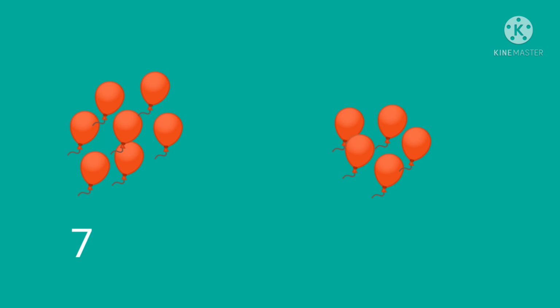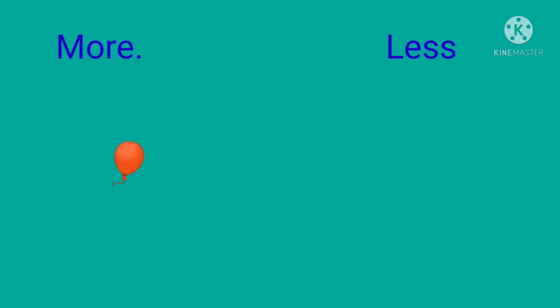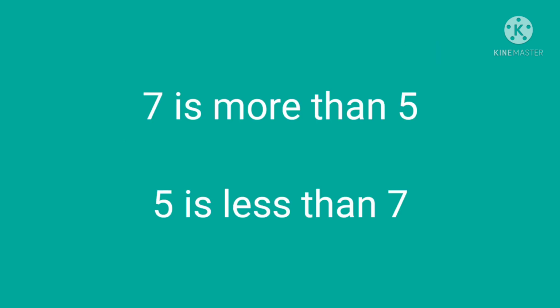And in the other set, 1, 2, 3, 4 and 5. So which is more, children? Yes, the set with 7 balloons is more, isn't it, children? Okay, so we can say that the number 7 is more than the number 5. And we can also say that the number 5 is less than the number 7.